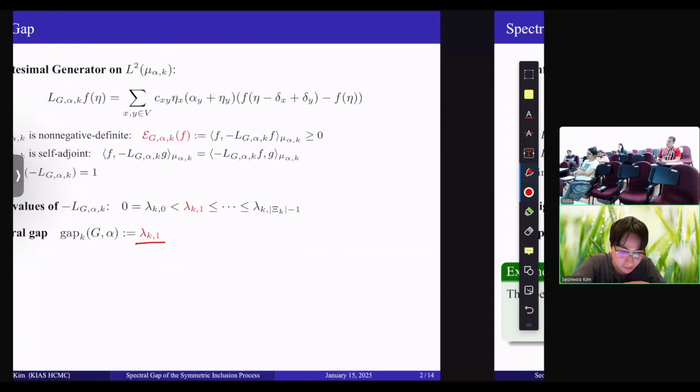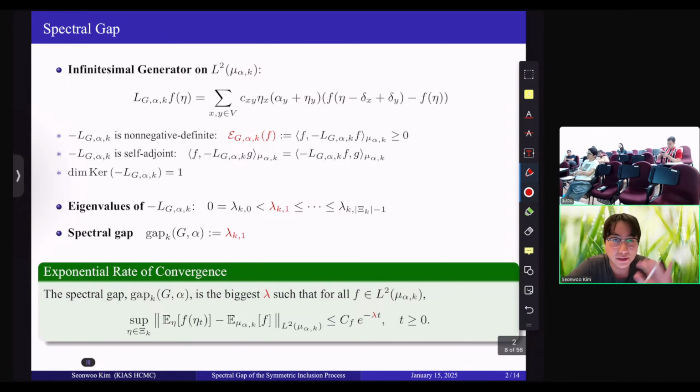This spectral gap is very important in many aspects of the mathematical community, also in our community in probability. The most important thing is the following very simple lemma: the spectral gap is the optimal exponential rate at which we can observe convergence to equilibrium.